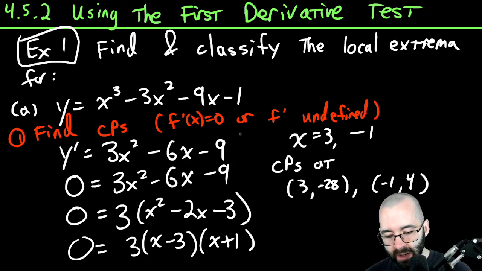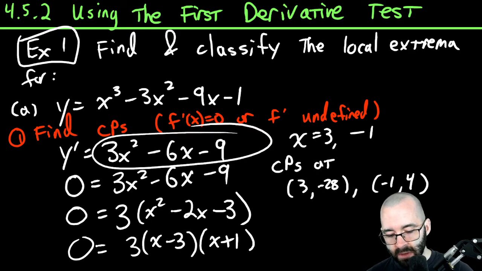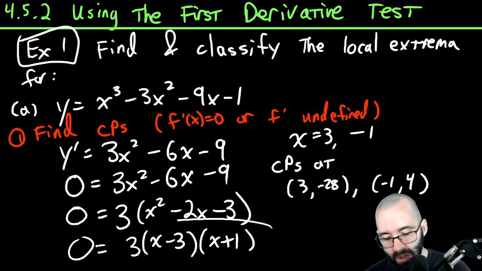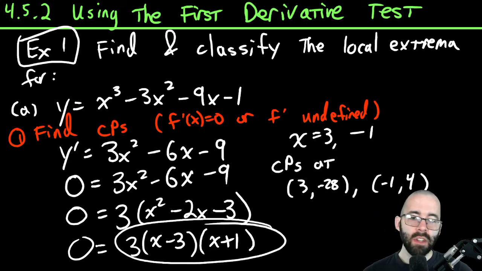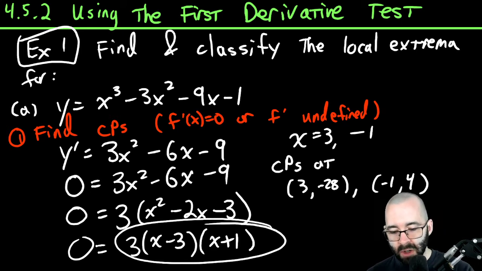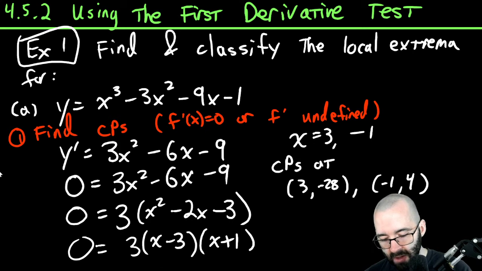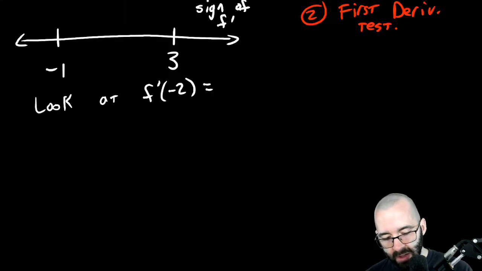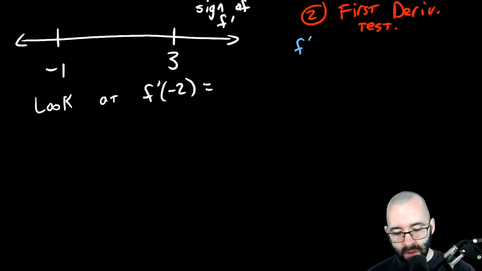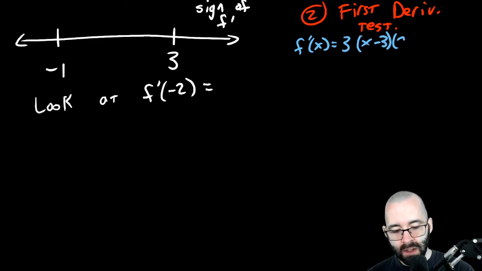Well, the derivative at -2 is going to be, you can plug it into this, or you can plug it into that. Since we're only looking at the sign, the factored form is often more useful. 3 times x minus 3 times x plus 1.